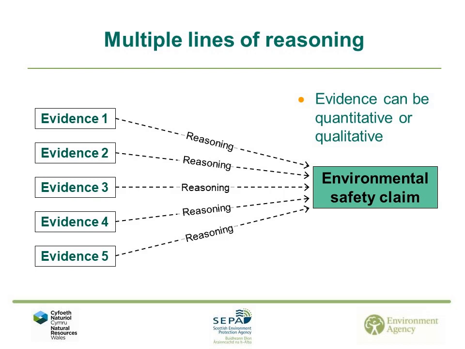Multiple lines of reasoning. The uncertainties inherent in quantitative environmental assessments, including modelling studies, may mean that they can only give a broad indication of environmental safety. The operator should therefore use additional means, including qualitative understanding of the site, to satisfy us that people and the environment will be sufficiently protected.